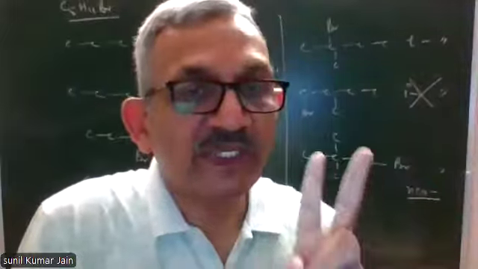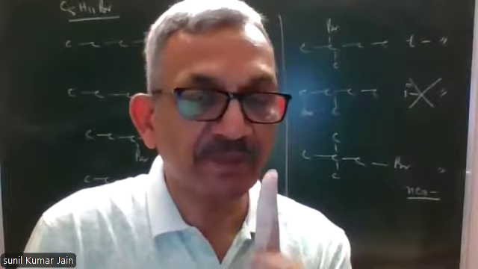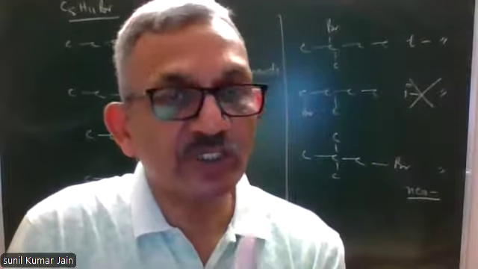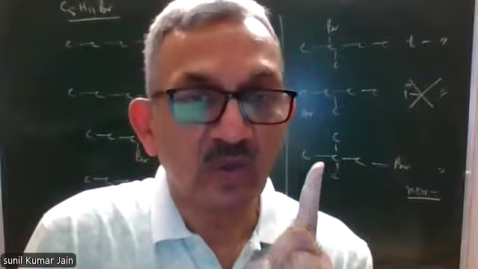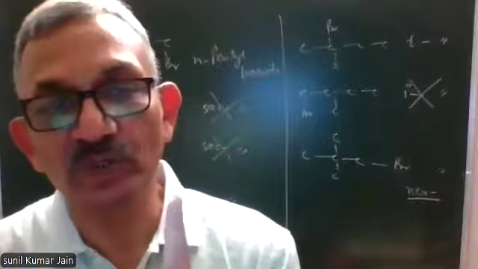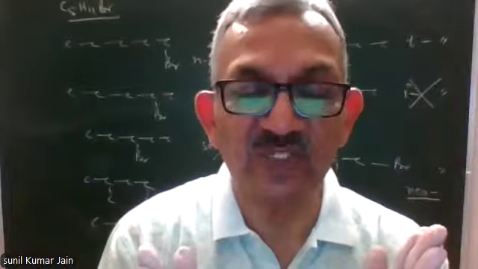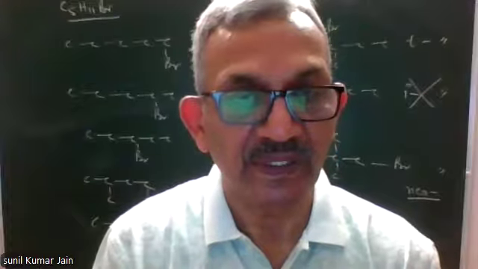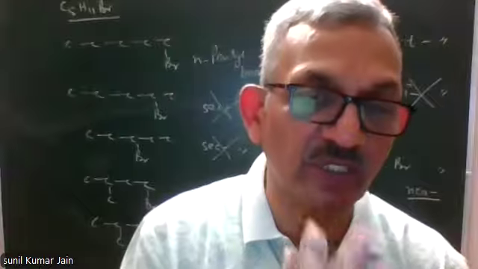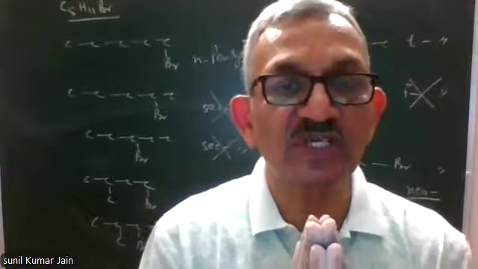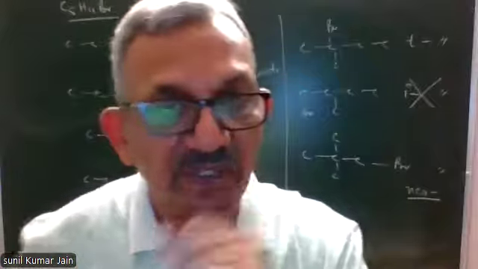Now, from here, we conclude about secondary and tertiary. So remember, secondary and tertiary prefixes will be used only when there is only one isomer which is secondary, or only one isomer which is tertiary. I'll repeat, if there's only one isomer which is secondary or tertiary, then prefixes secondary and tertiary will be used. Otherwise, they will not be used.